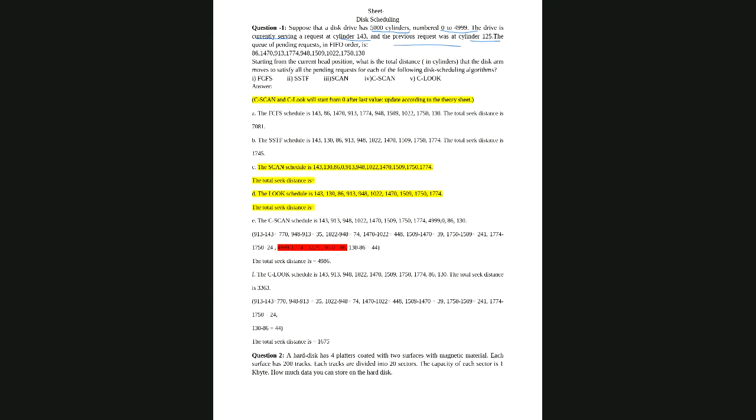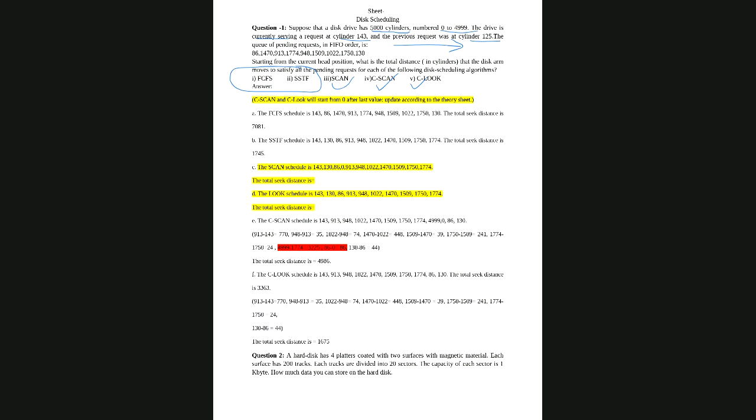This direction is useful only in scan, look, and CLOOK algorithms. We don't need this direction for FCFS and shortest seek time first. Our doctor will tell you that you can have any direction, maybe you can assume always left to right or right to left.